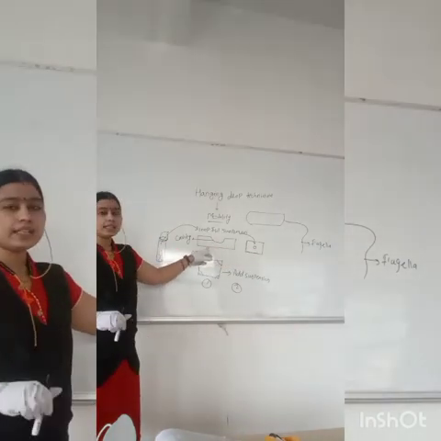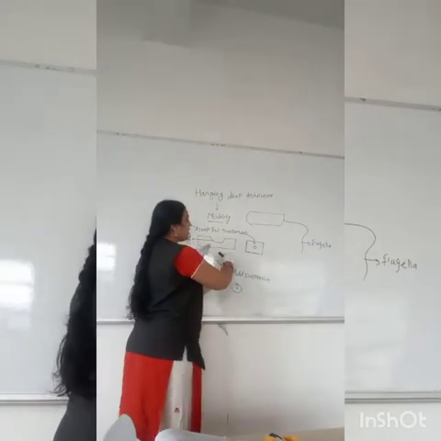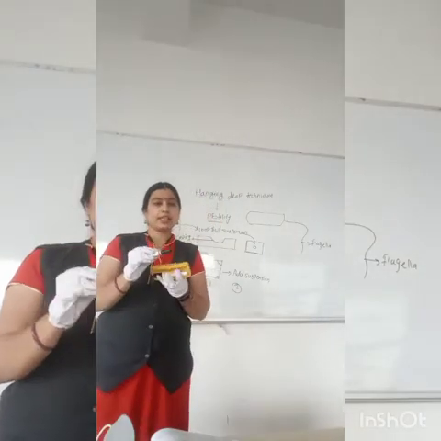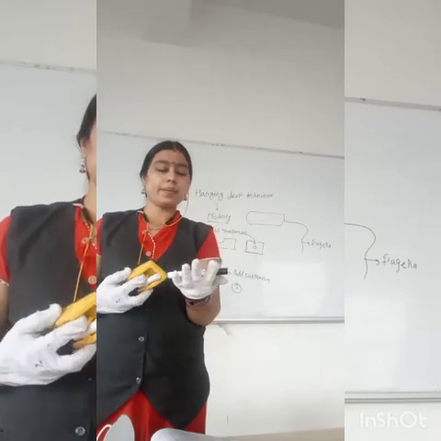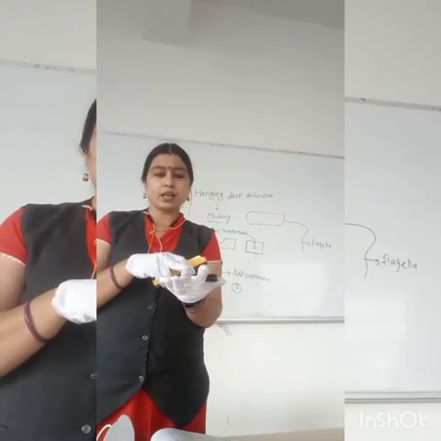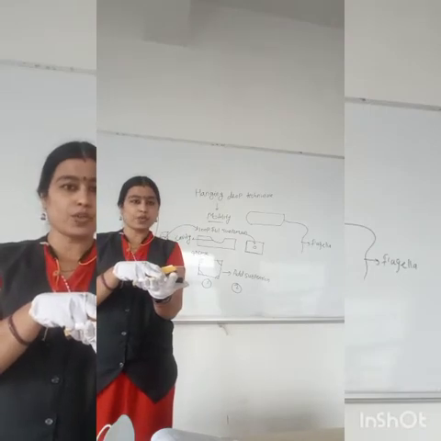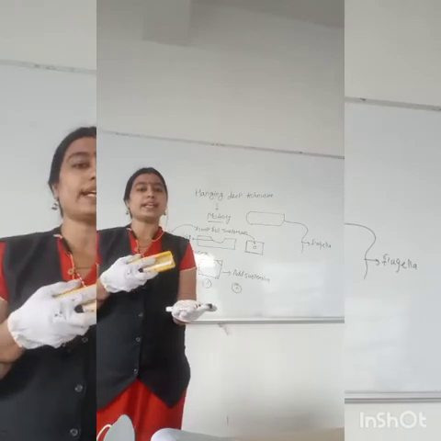Then take this cavity slide. Suppose this pen is the cover slip, and I place the drop of the suspension on the center, and the grease is applied over it, and this is the cavity slide. See here, there is a cavity.